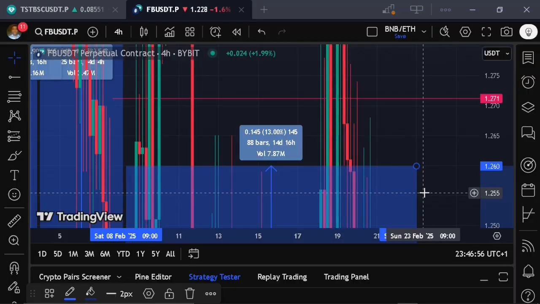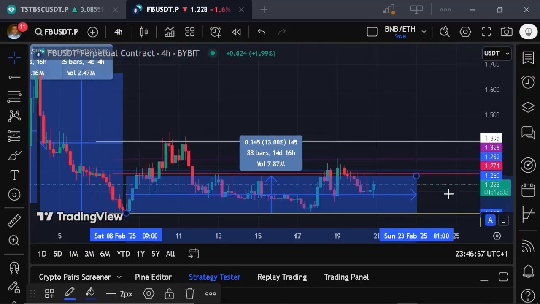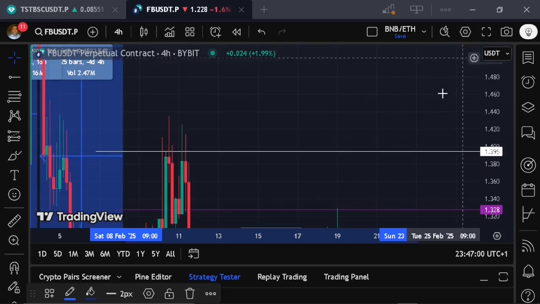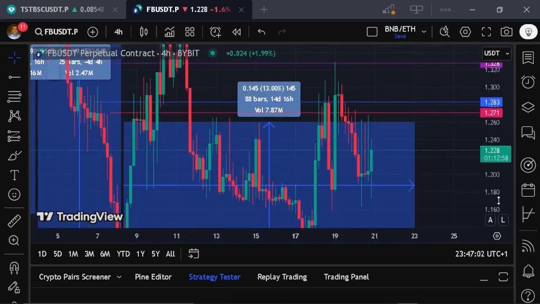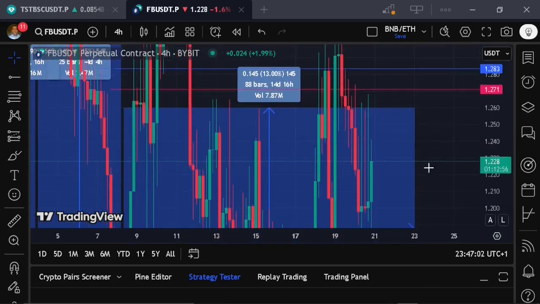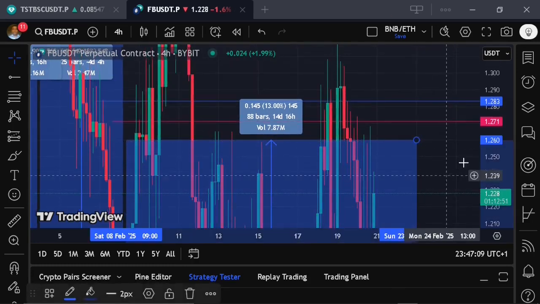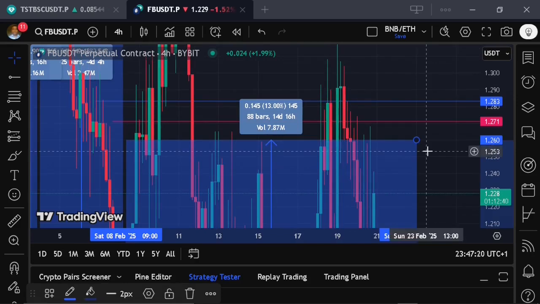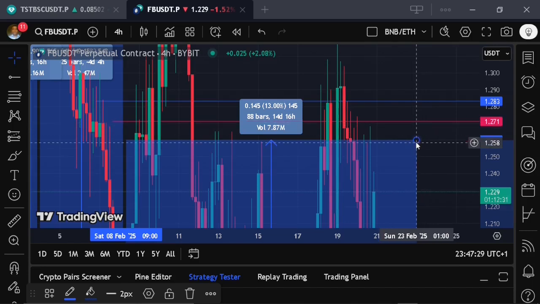So the first entry condition states that the price action of every cryptocurrency you want to trade must form a green candlestick at the 13th% of the most current bullish trend section, which is exactly at 1.260. But as you can see, the price action of this cryptocurrency has literally not formed a green candlestick at the 13th% of the most current bullish trend section.